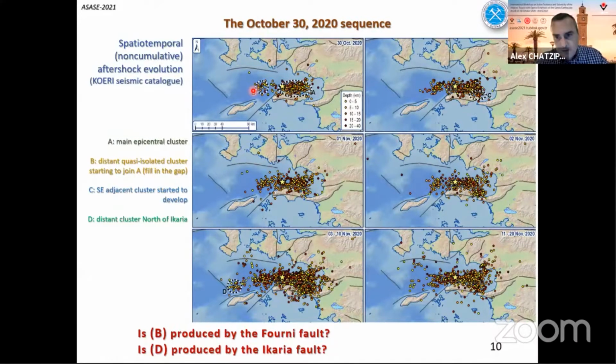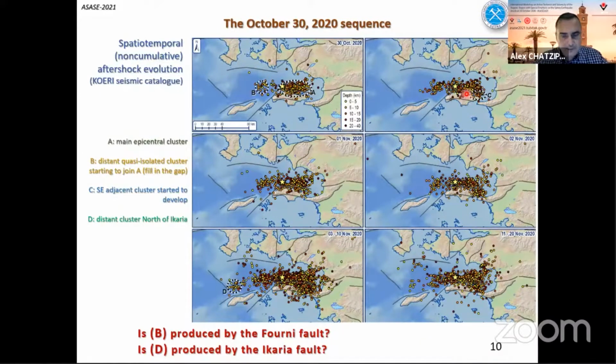By moving on to the next days, we can see that the second cluster starts to build up more activity, and the third cluster is starting to form in this area. I have to say that this is the first distribution.